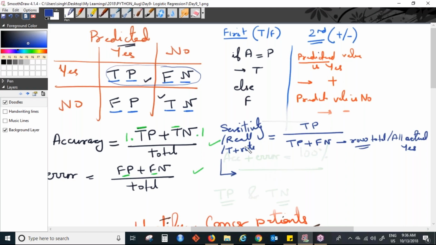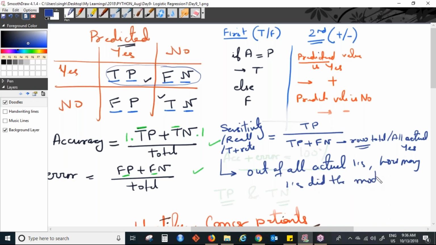So can I write sensitivity, or recall, or true positive rate as: out of all actual ones, how many ones did the model catch? Is this correct?